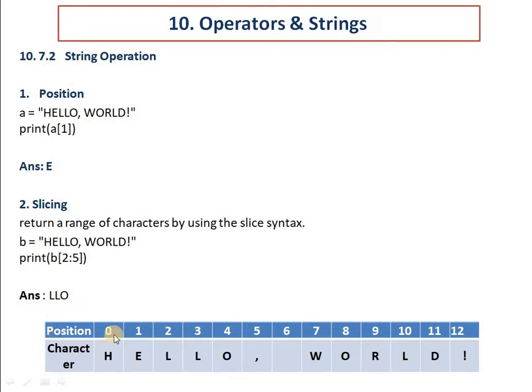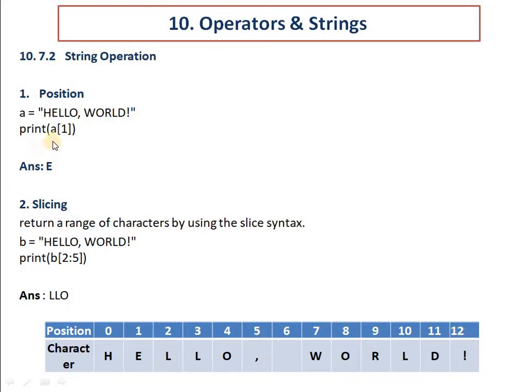I am numbering it from 0. For positions we take it from 0: 0, 1, 2, 3, 4, 5, 6, 7, 8, 9, 10, 11 and 12. So in the 0th position H is there, in the 1st position E is there, in the 5th position comma is there, in the 12th position exclamation is there.